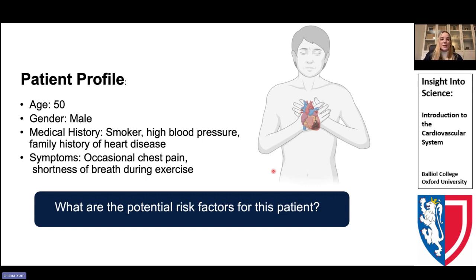So there was a patient who presents at the clinic, a 50-year-old male, reported smoking, high blood pressure, a family history of heart disease, occasional chest pain, and a shortness of breath during exercise. Can you identify potential risk factors from this medical history the patient has reported?